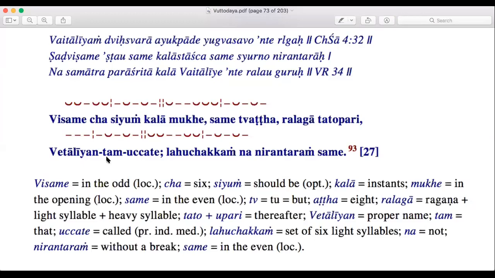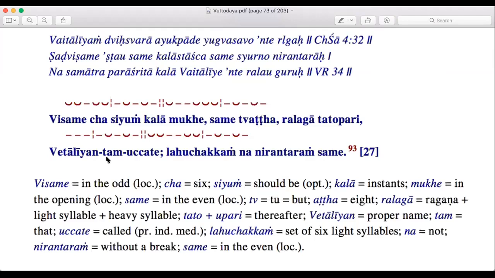Usually we refer to gatha, verses. The word gatha is in the feminine gender. So shouldn't we keep this in feminine gender too? Like in previous verses, we used sa, yassa, right? Yassa, in which verse? Sa, that verse. But here we use tam in neuter gender. That is because in Vuttodaya, we use all 3 genders to refer to verses, because there are many words in Pāli which mean verses.